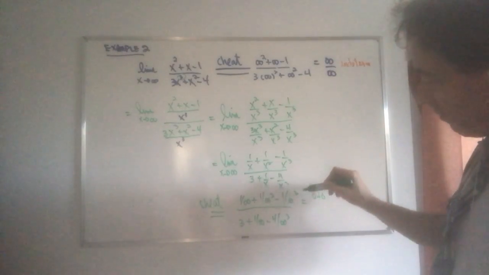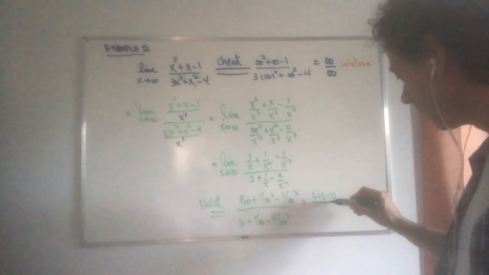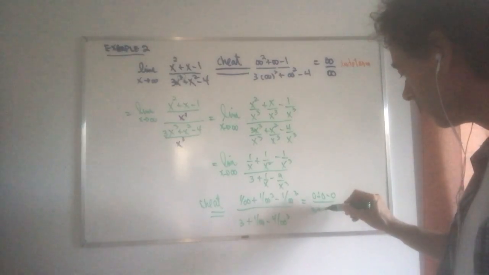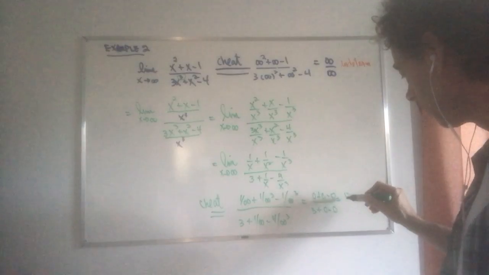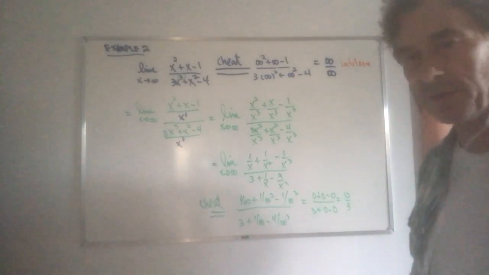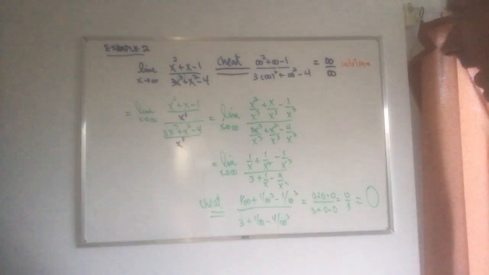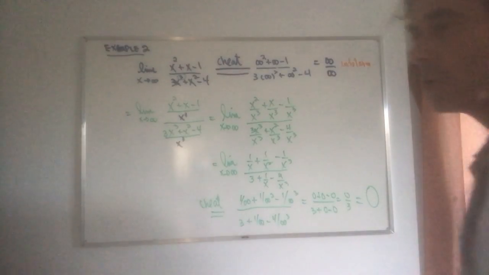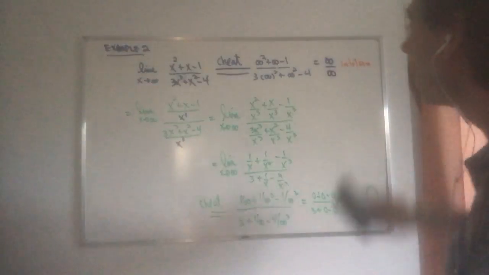Infinity cubed, 1 over infinity cubed is 1 over infinity. It is 0 over 3 plus, that's another 0. That's another 0. Look at that. 0 over 3. Does that exist? For sure it does. The answer to this limit is 0. Good. Erasing in 3, 2, 1.